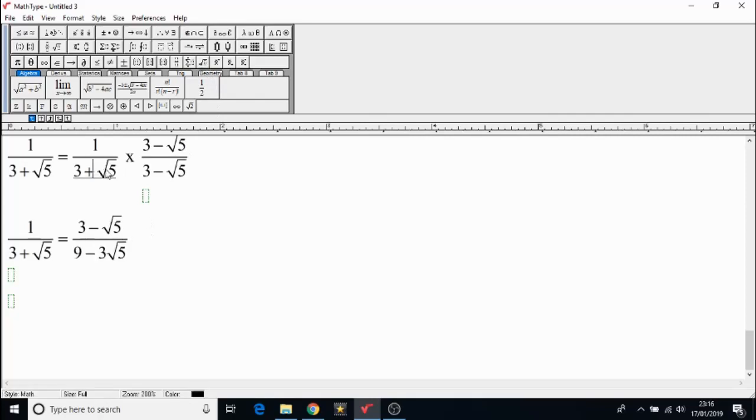Now we're going to multiply the second term by everything in the other bracket. So root 5 multiplied by 3, that's positive. You've probably seen already why we multiply by the conjugate, because in the end the roots are going to cancel out. And root 5 multiplied by minus root 5 is just minus 5.